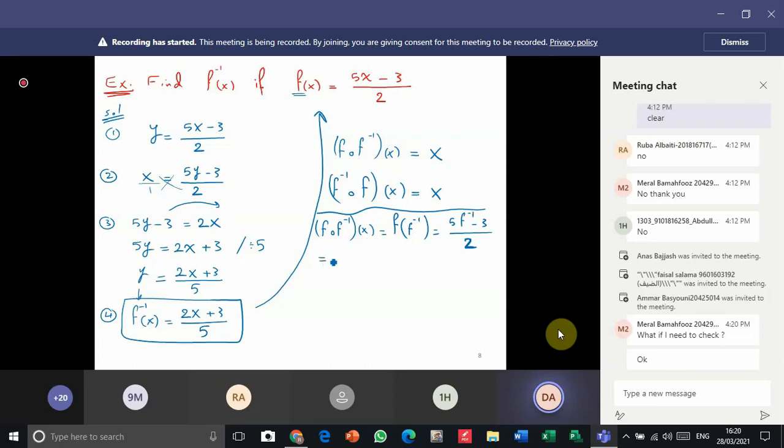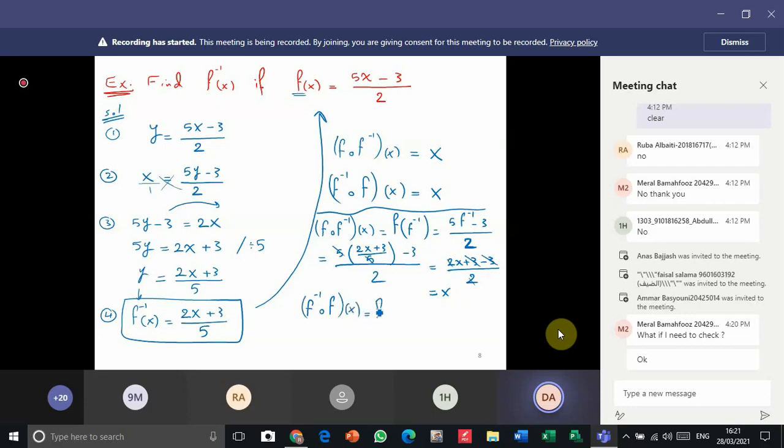So we have 5 times the value of f inverse, which equals 2x plus 3 over 5, minus 3 over 2. We can cancel 5 with 5. So we have 2x plus 3 minus 3 over 2. Cancel 3 with negative 3 and 2 with 2, so we have x. Okay, so this is the value. Also we must check f inverse composite f.